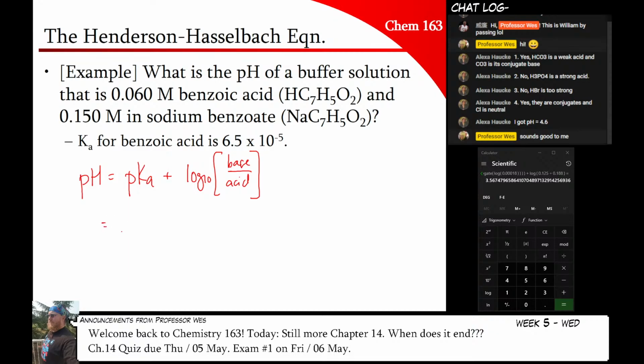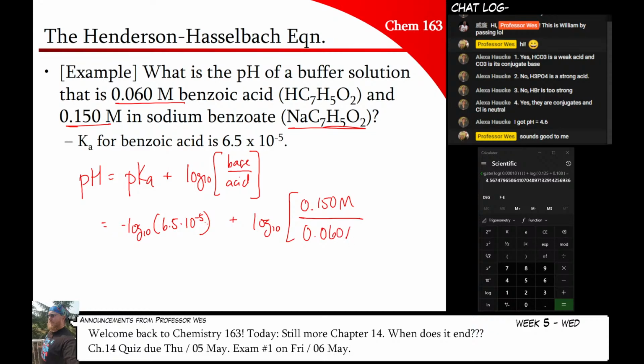Well, pKa is going to be minus log of 6.5 times 10 to the minus 5. So that's pKa plus log of base over acid. Well, this is the base over the acid, which is this one.